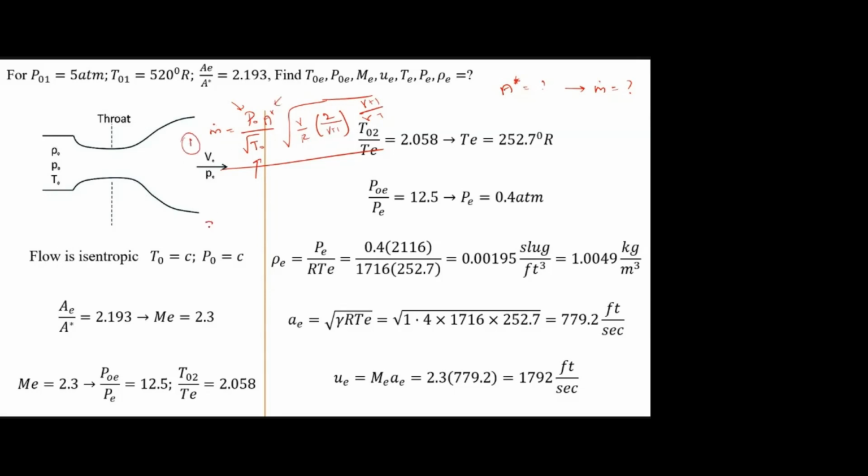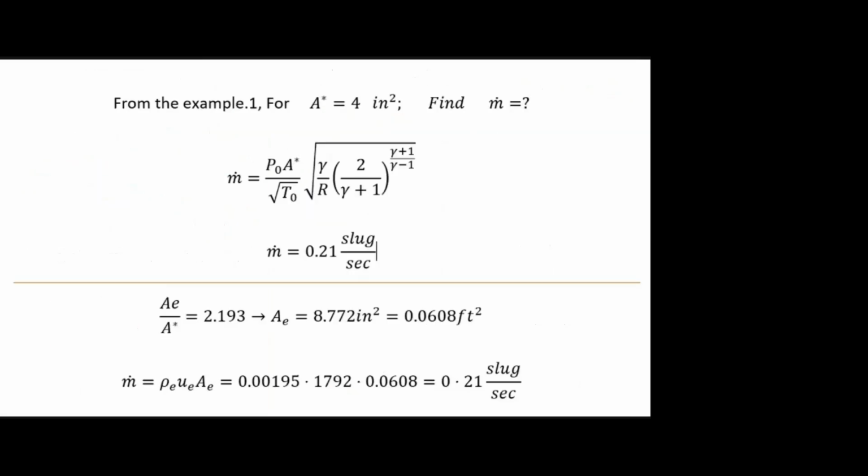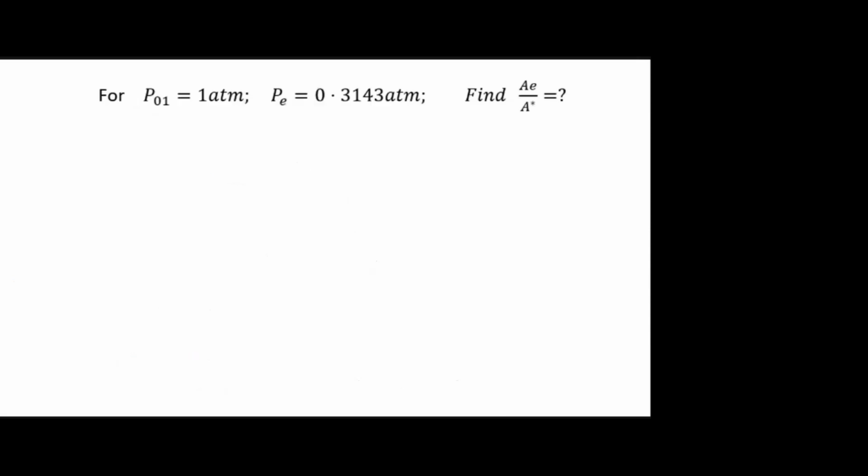Any other procedure? Take rho E, U E, A E. So density I know, velocity I know, then area also. I know the A star. Substitute here from this ratio, I can find AE. So again, both formulas you can use: this formula or m dot is equal to rho U A. Any formula you can use. This I think we discussed.